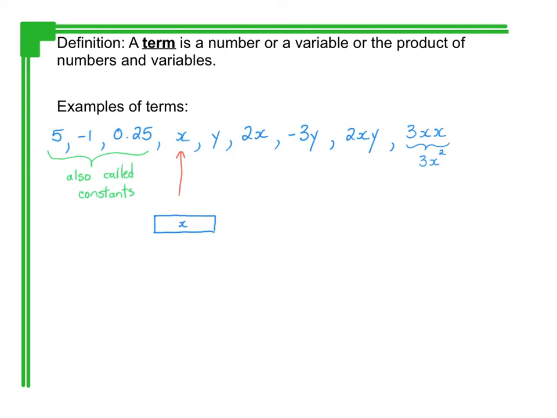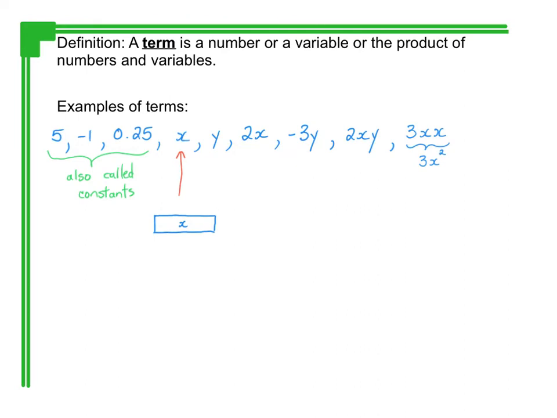And all that means is that the width of that rectangle is 1 unit wide and the length of that rectangle is unknown, x, so that the area of that whole rectangle is x. 1 times x is x.